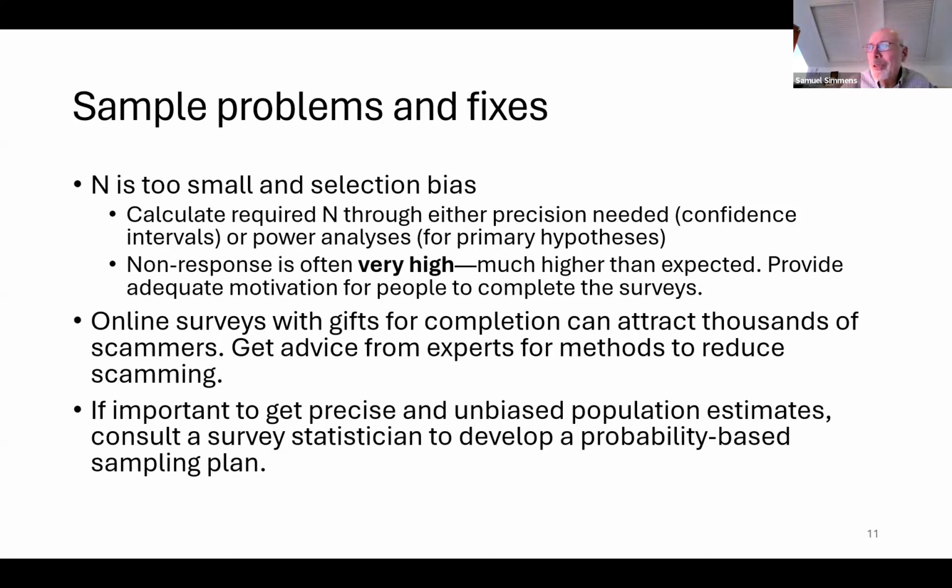So this is more statistical questions, but if your sample size is too small, you get selection bias. There are methods for determining what the sample size should be for a study involving a survey. We're estimating something, and it's usually based on the confidence interval. The larger the sample size, the narrower the confidence interval.